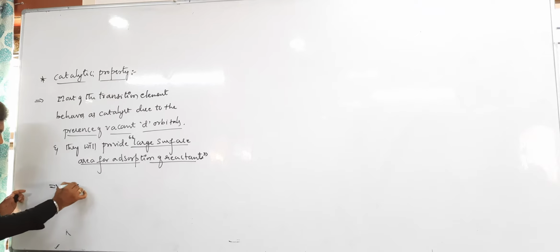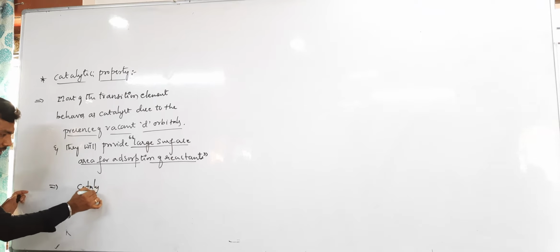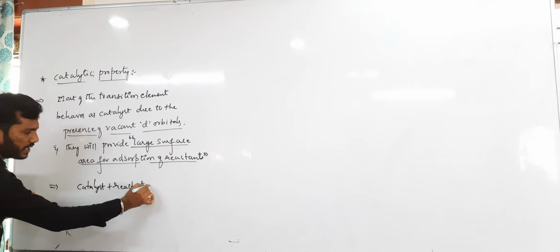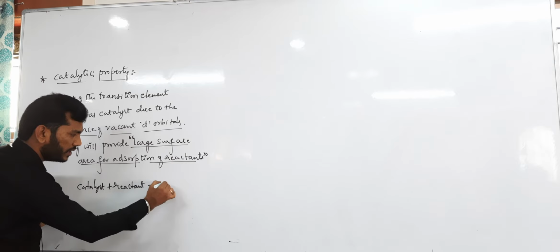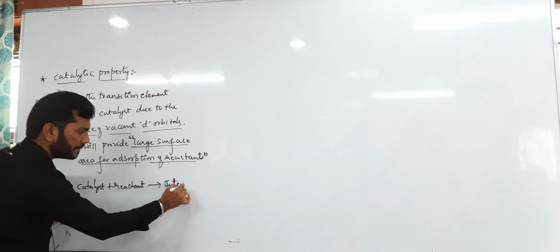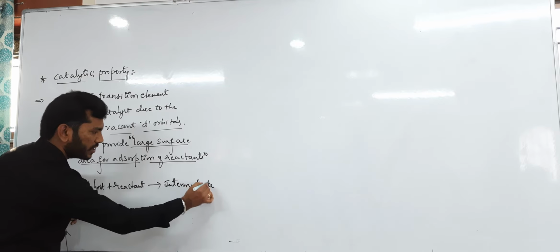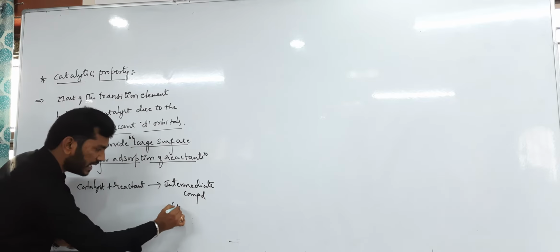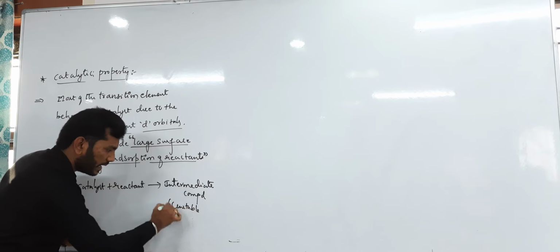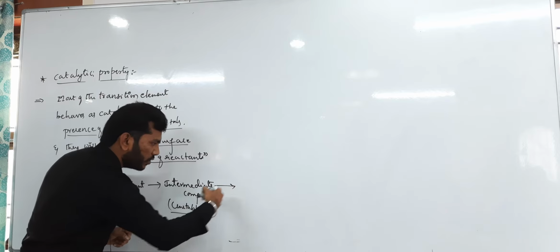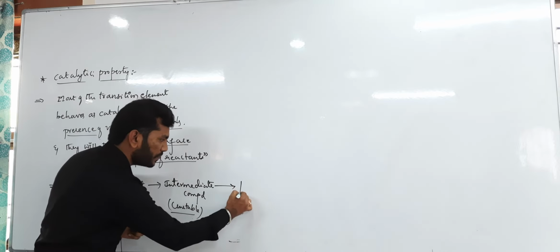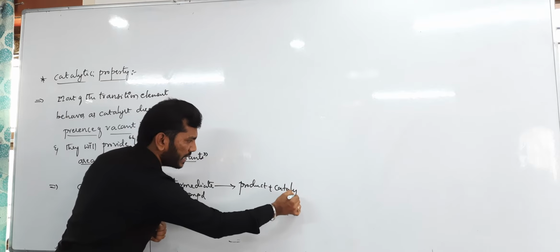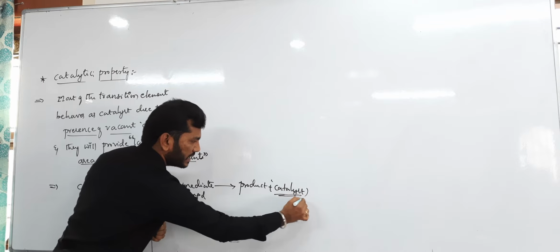Let us talk about this. Suppose we have a catalyst and a reactant, and it forms an intermediate compound, guys. This intermediate compound is basically unstable, hence it can undergo decomposition further and form the product, and we get back our catalyst as it is.